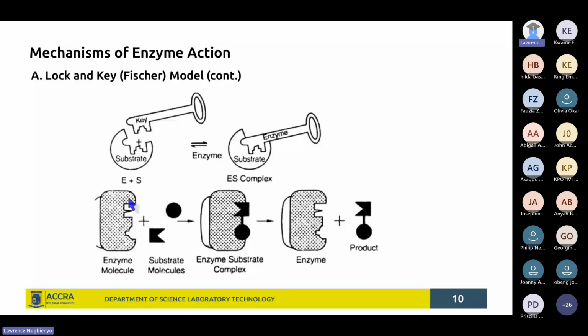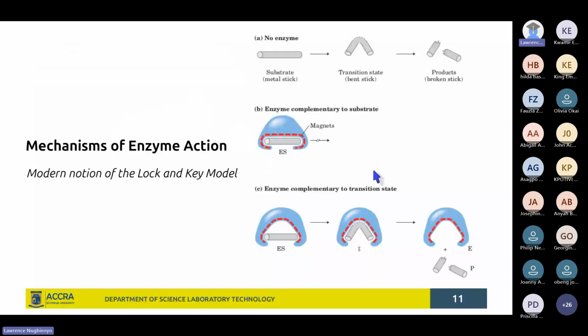Now, this model had been used for years, but later on, discussions had shown problems with such a model that talks of an enzyme that fits exactly to a substrate.